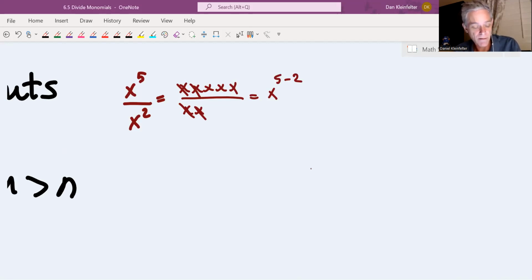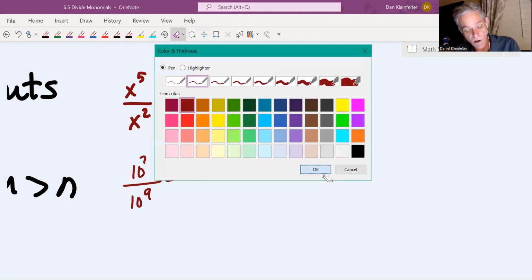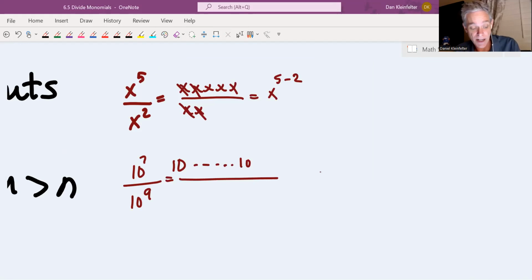Okay, let's say that we had 10 to the 7th power divided by 10 to the 9th power. I'm pretty sure that you don't need to write down all these 10s. So let's just pretend that I had 7 factors of 10 in the numerator, 10 times 10 times 10 times 10, and so on, all the way 7 times.